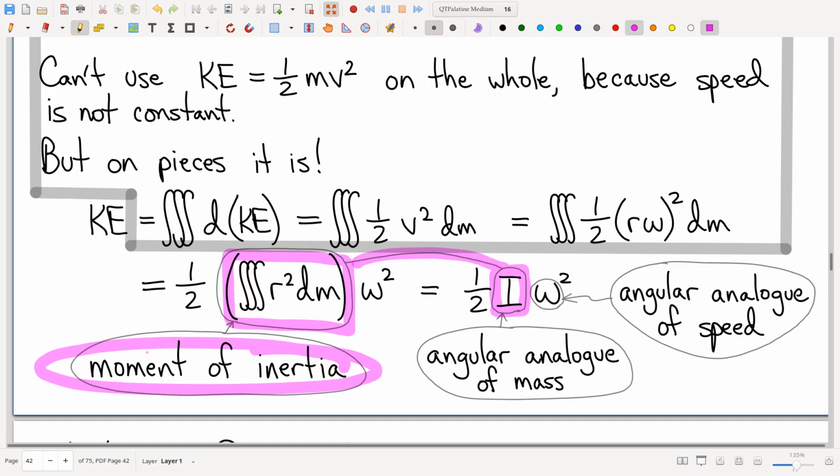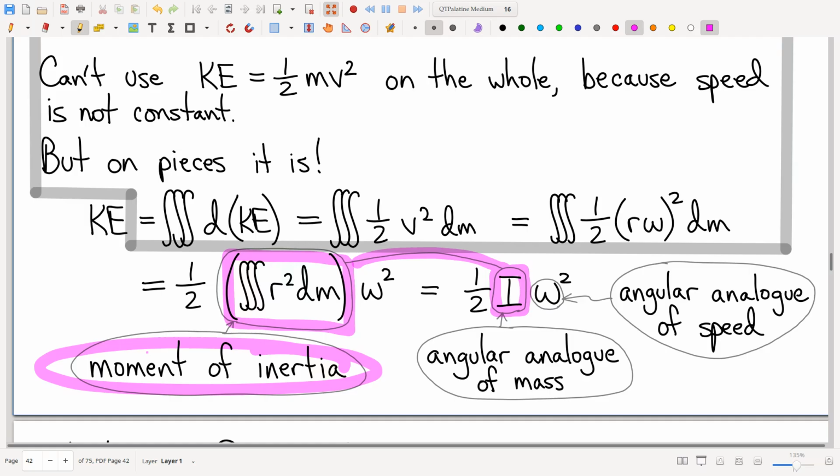This does not make any reference to how the mass is moving, just what's the mass and how far is each piece of mass away from the axis. This is intrinsic to how the mass sits in relation to the axis. The actual, how fast is it going around, this is what we call angular speed, is independent of that.